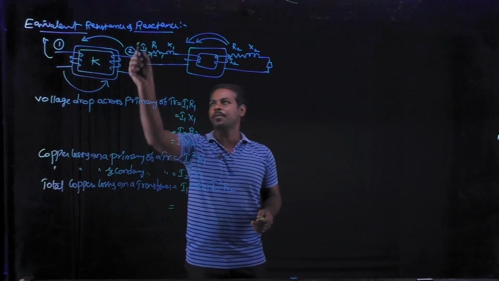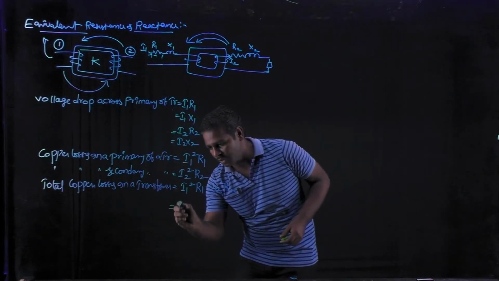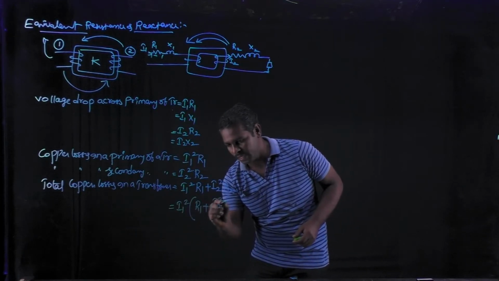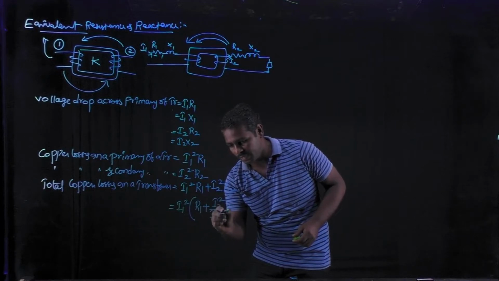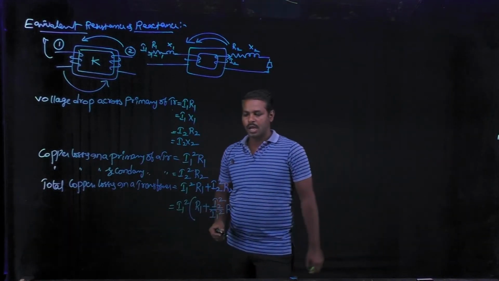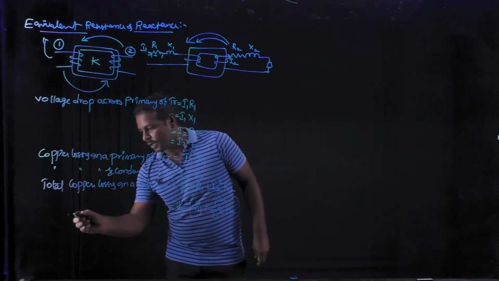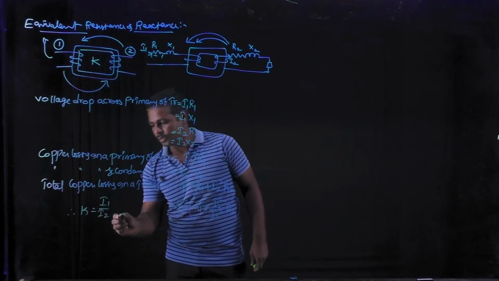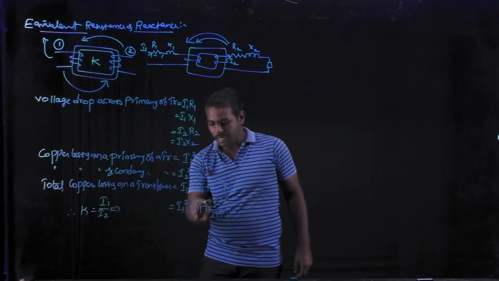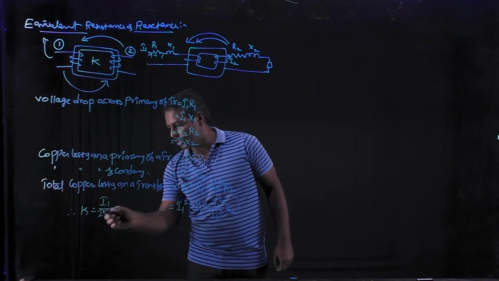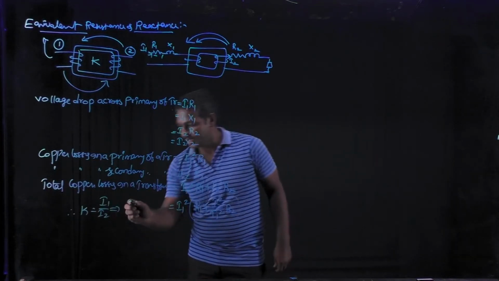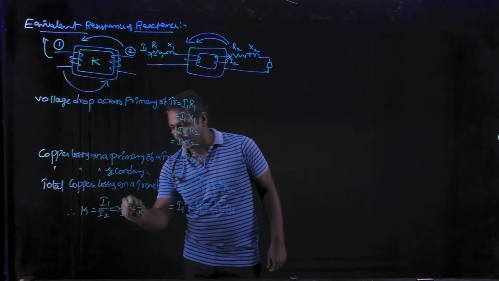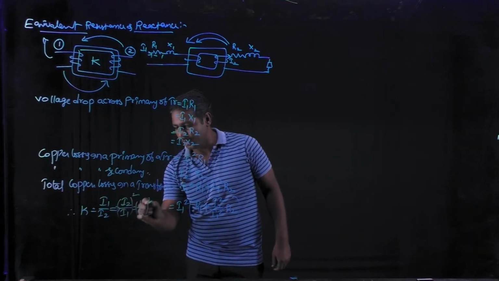So the loss is I1 square of R1 plus I2 square divided by I1 square into R2. In terms of currents, K is equal to I1 divided by I2, so I2 by I1 is equal to 1 by K, and the whole square is 1 by K square.